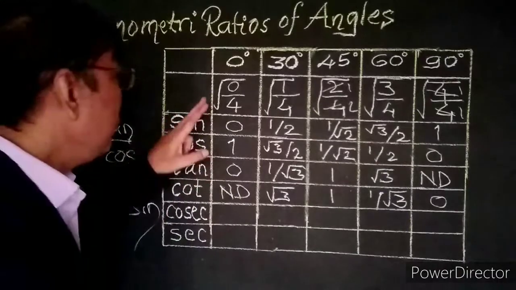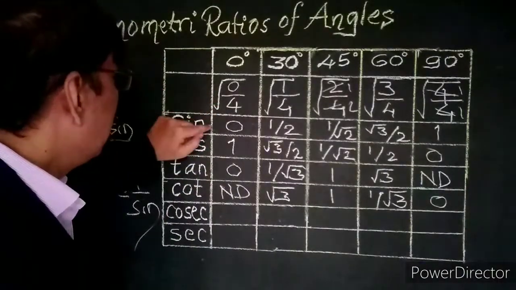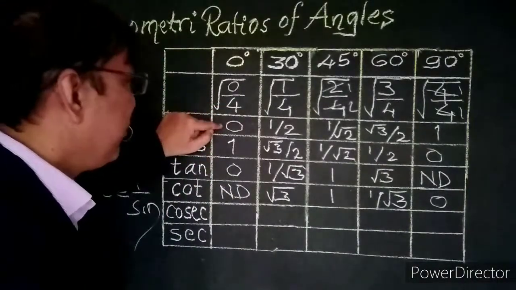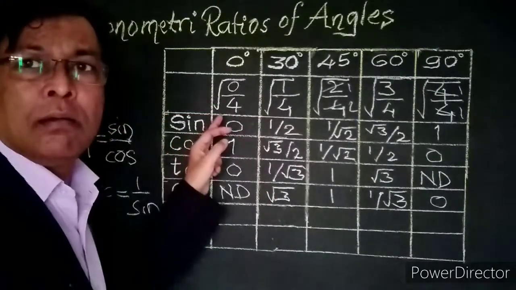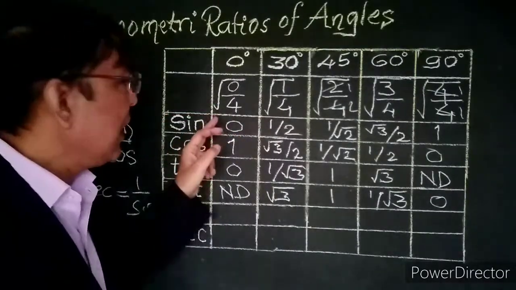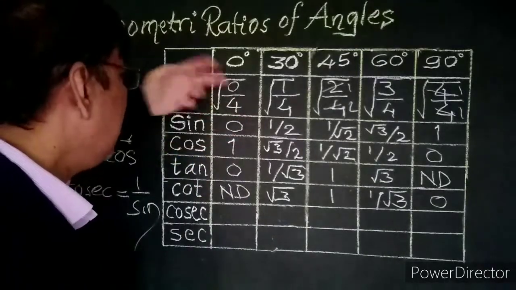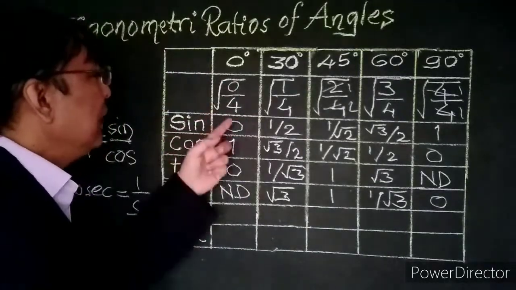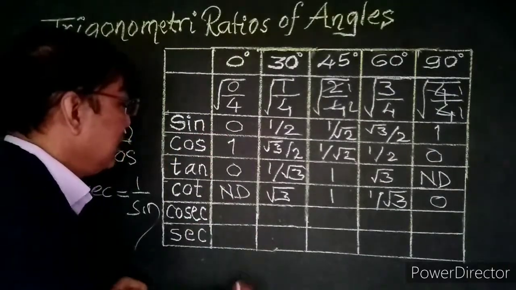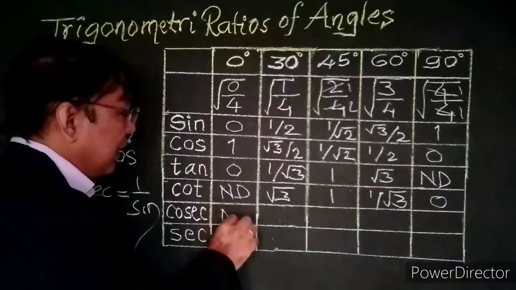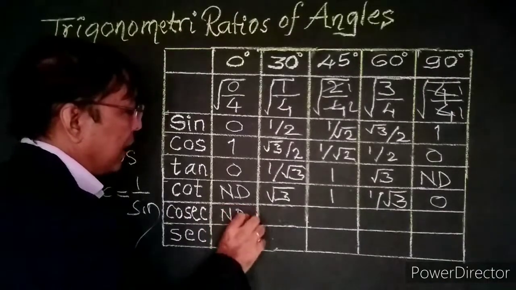That means we have to invert the sine values. For 0, it is in the denominator, and obviously there will be 1. Therefore, if we invert it, 1 will go to the numerator and 0 will come to the denominator. That means any number divided by 0 is not definable.